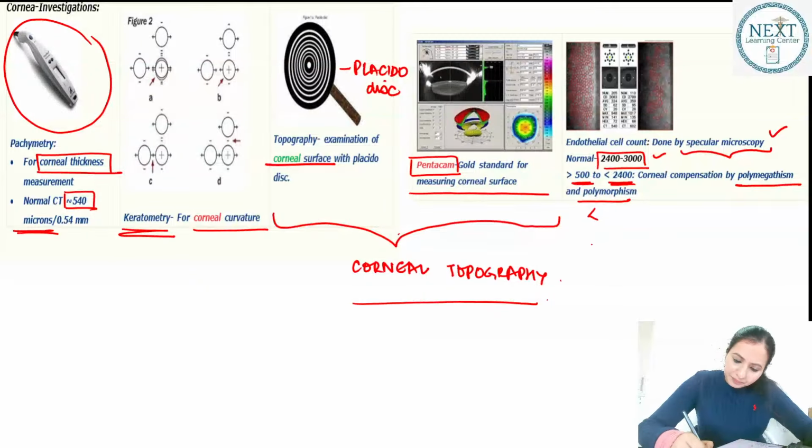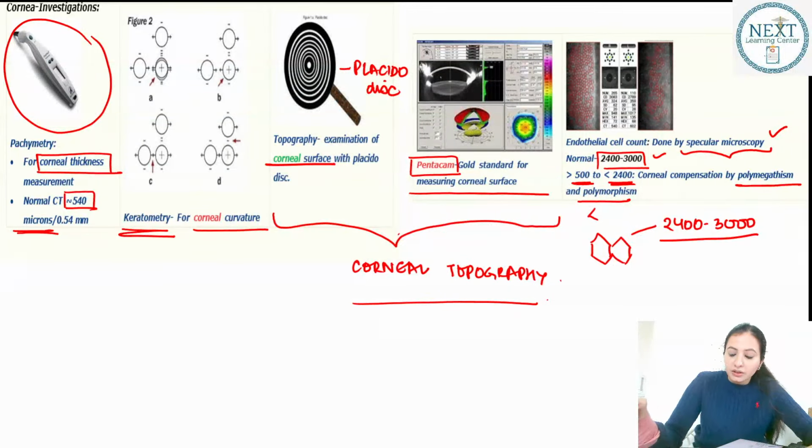Now see, the endothelium has these cells, normally 2400 to 3000. With every decade, this cell count decreases.